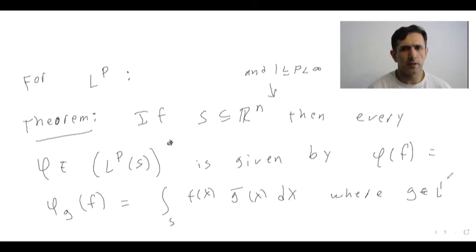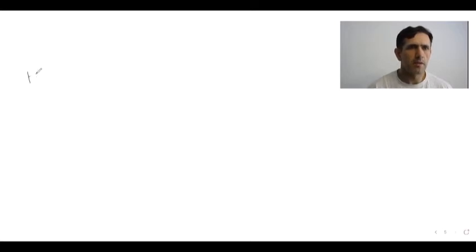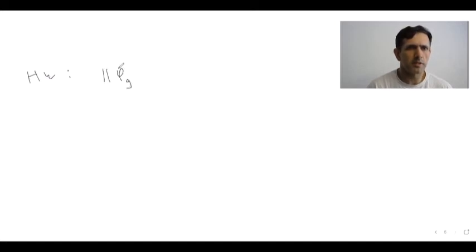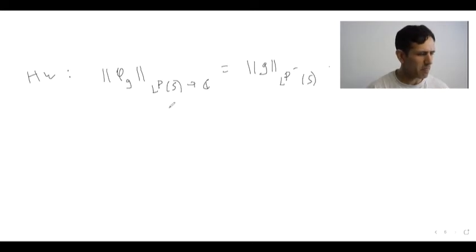G is in L^p prime of S. And furthermore, basically the same proof that we employed, it's a little easier because here you're assuming g is in L^p prime, so this norm here from L^p of S to C is going to be equal to the L^p prime norm of g.